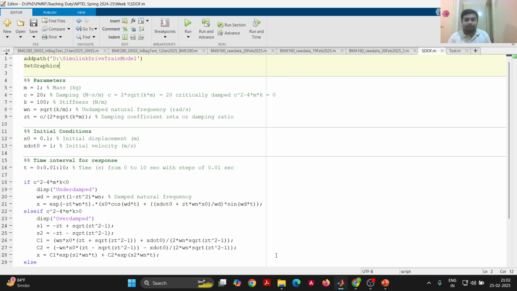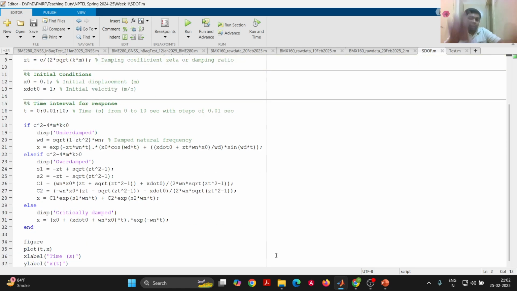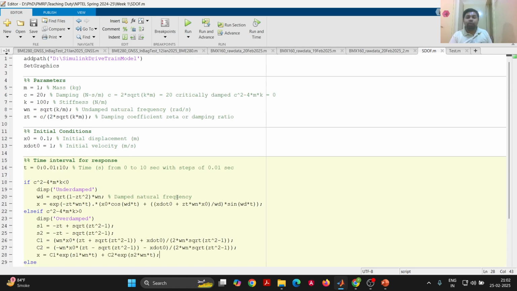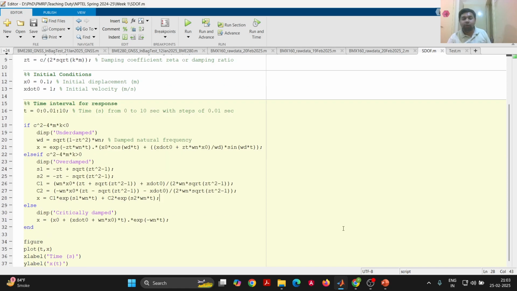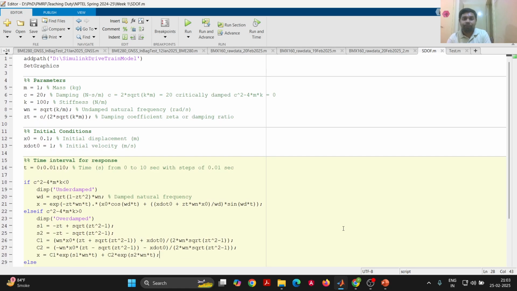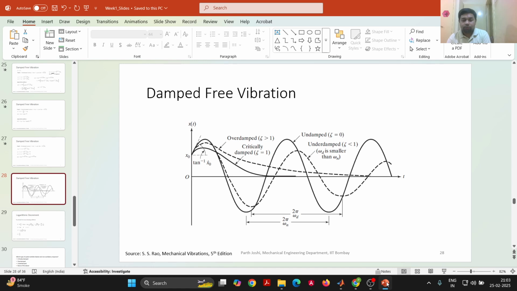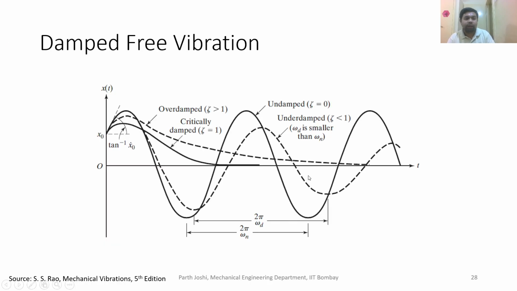I have not gone through all the specifics of how we derive those solutions, but I think you would be able to understand it from any basic textbook on vibrations. This was just a demo to show you how you can use MATLAB. So that was about the example on MATLAB.